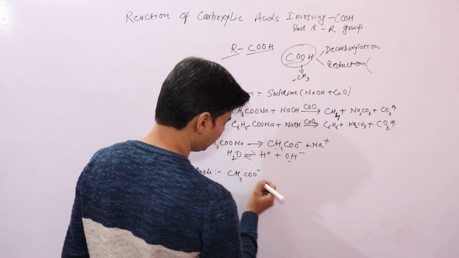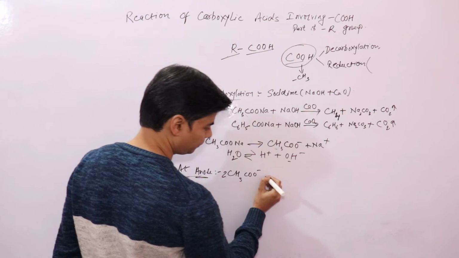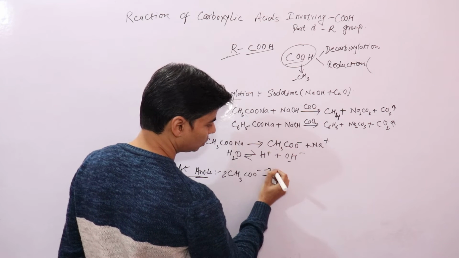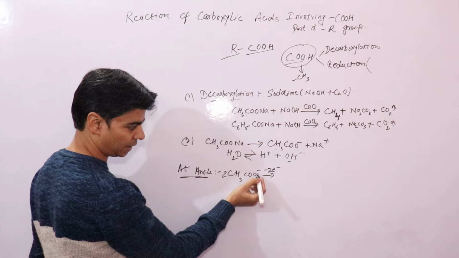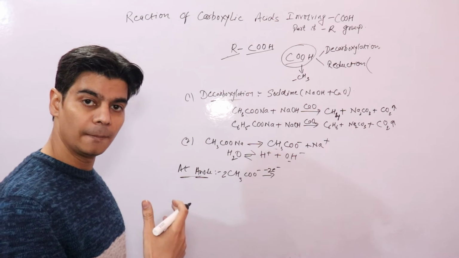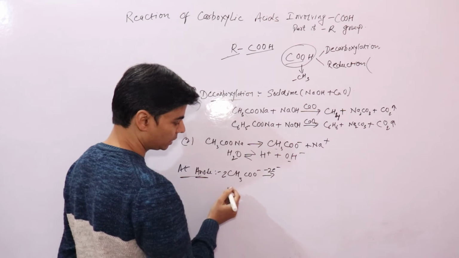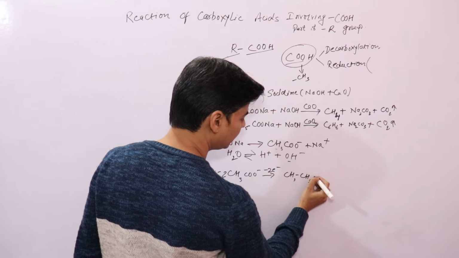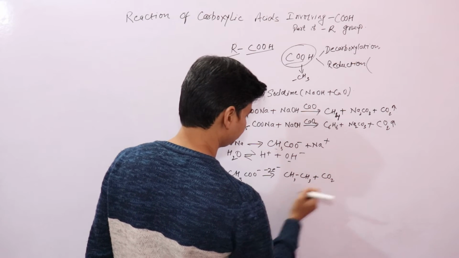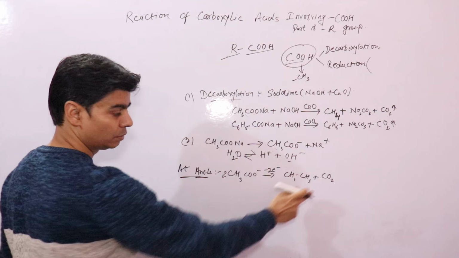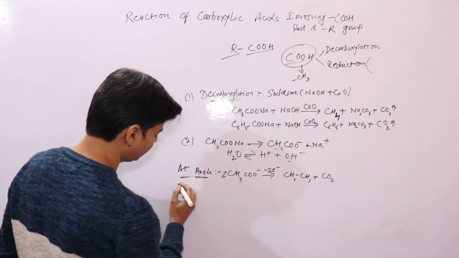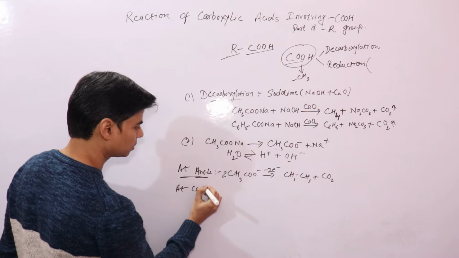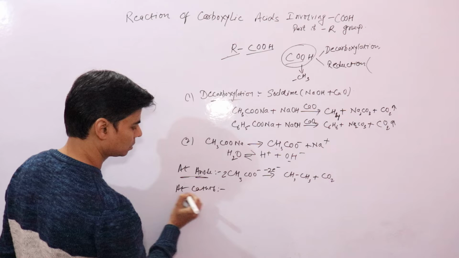So two acetate ions will lose two electrons. It's an anion, it has a negative charge, so it will lose two electrons and change into an alkane, and carbon dioxide would be released at the anode. Now let's see at the cathode.